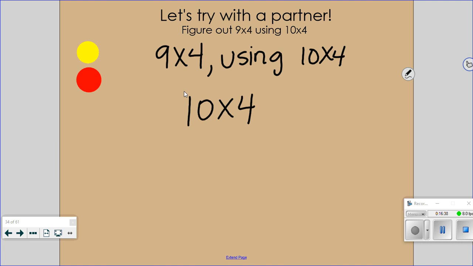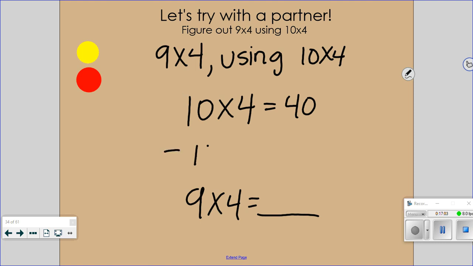Nope. Eliana? 40. That's one I can skip count. And I had to get to 9 times 4. That was what I was trying to figure out. To get from 10 groups of 4 to 9 groups of 4, I'm going to be subtracting one group of 4.